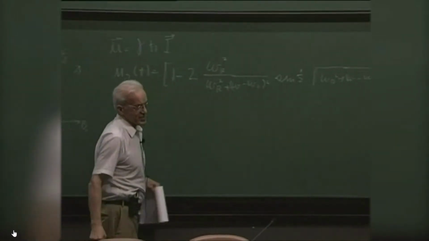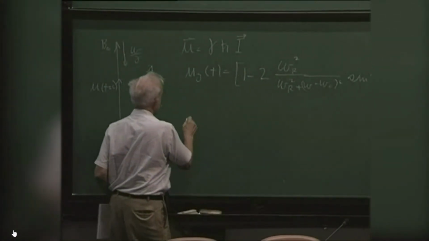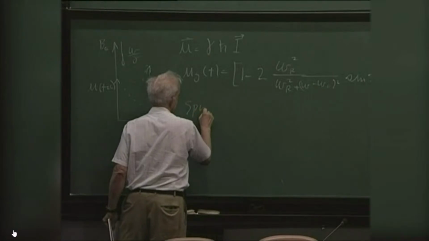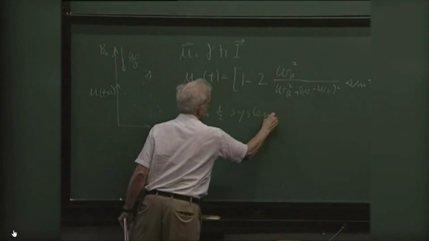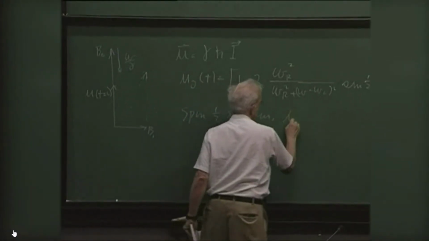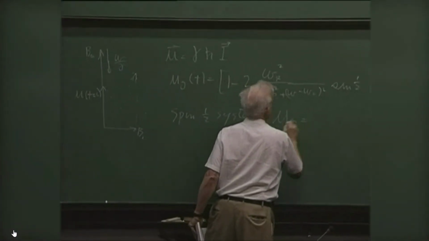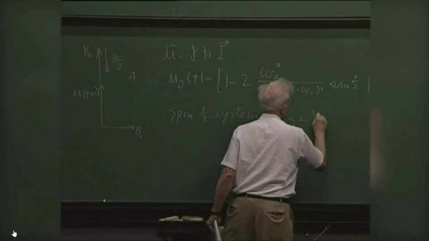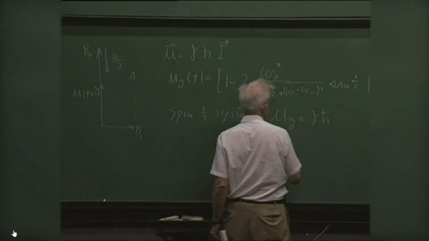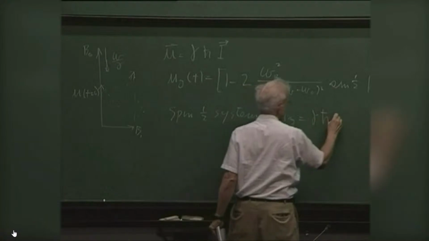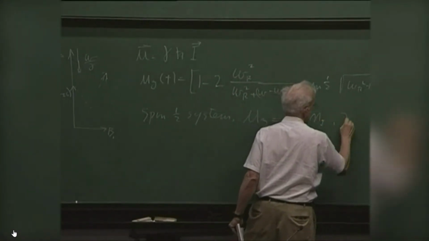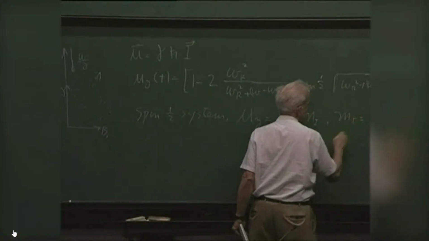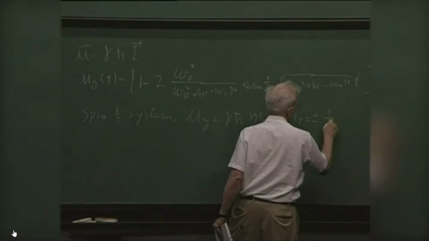But I would like to interpret this slightly differently. If we have a spin 1/2 system, then the z component of mu can be written as gamma times h bar times the z component of I, which will be m sub I, where m sub I is equal to plus or minus 1/2.